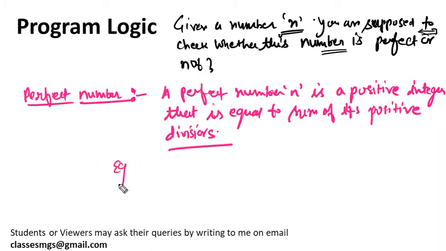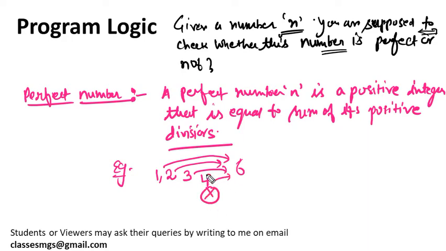For example, consider 6. We need to find all the positive divisors of 6. 1 is a positive divisor of 6, 2 is a positive divisor of 6, 3 is a positive divisor of 6. Is 4 a positive divisor of 6 or not?